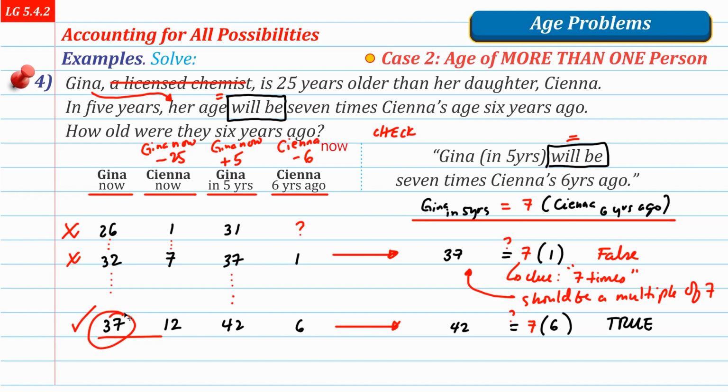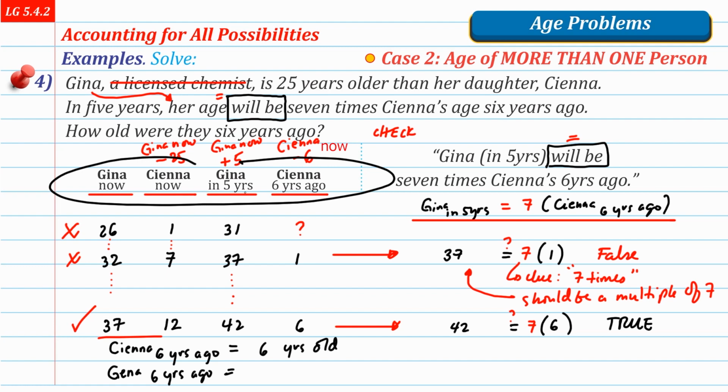Okay, so kung 37, ano ba yung tanong? How old were they 6 years ago? Itong pinakamalupit. How old were they 6 years ago? So, Shena, 6 years ago. Shena, ay meron na, 6. Okay, 6 years old. Ang problema is, Gina, 6 years ago. May nakalagay ba dito, Gina 6 years ago?